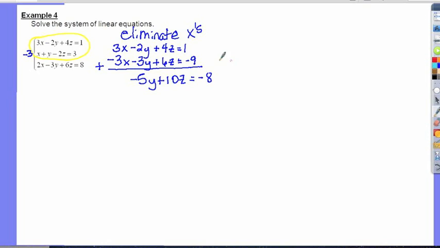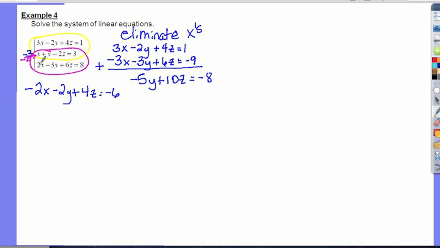So now I'm going to come down here and work on the second and third equation. To cancel out the x's here, I need to multiply the second equation by -2 to make those x's cancel. So that's going to be -2x minus 2y plus 4z equals -6.